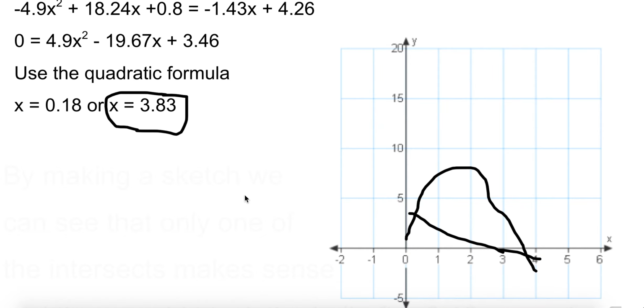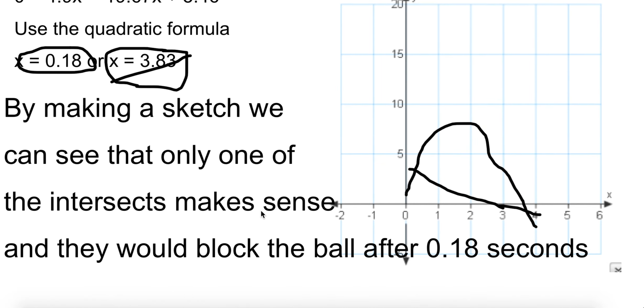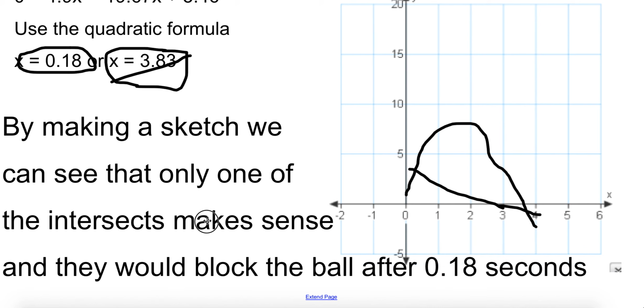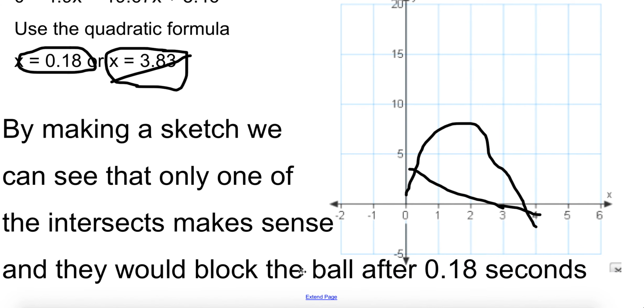That would mean the person is blocking the ball under the ground, after it's already hit the ground. So that doesn't make any sense. So this one's inadmissible. This is our only solution. And make our little therefore statement. By making a sketch, you can see that only one of them makes sense, and that they would block the ball after 0.18 seconds.